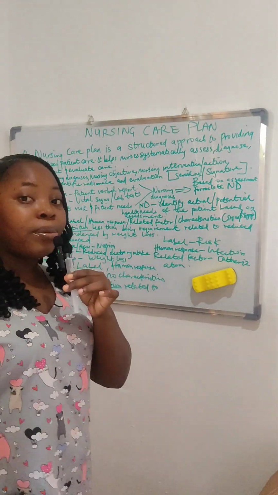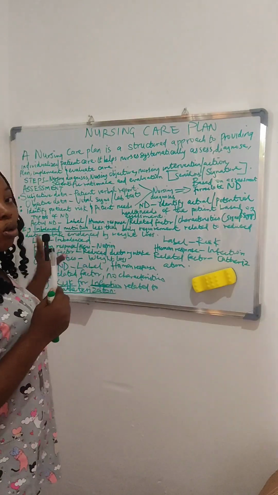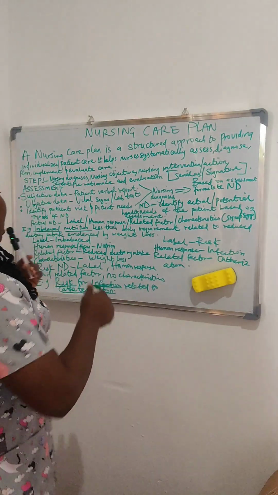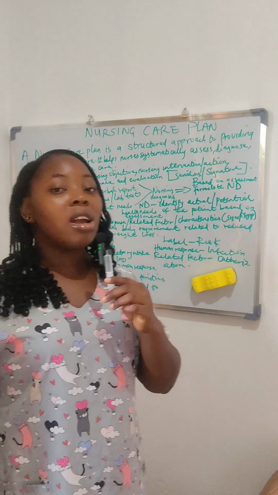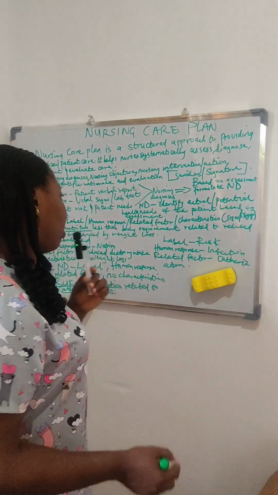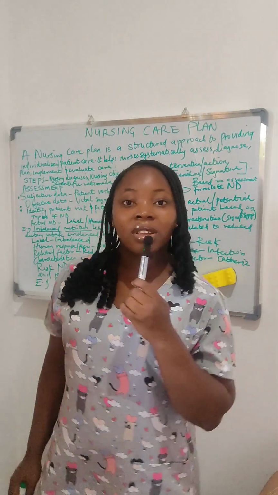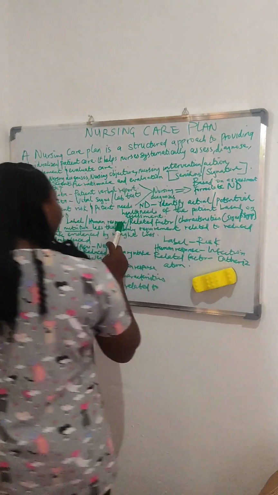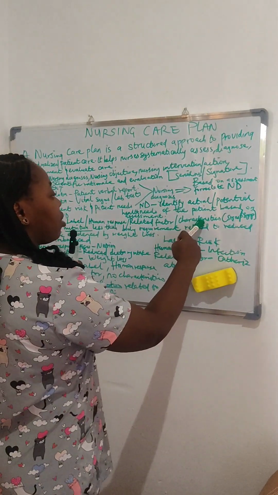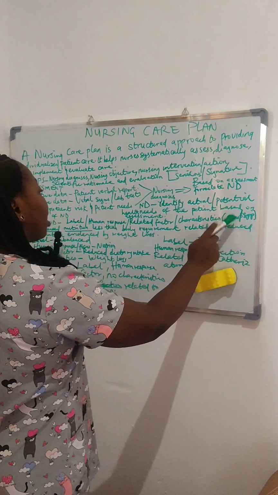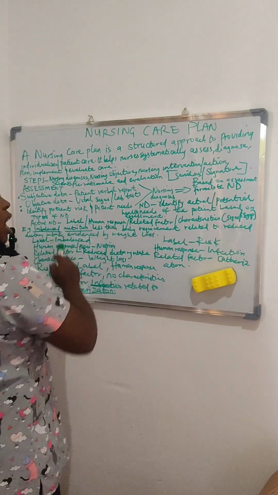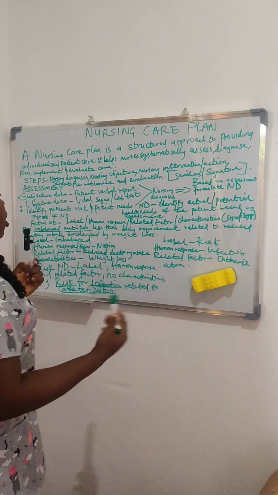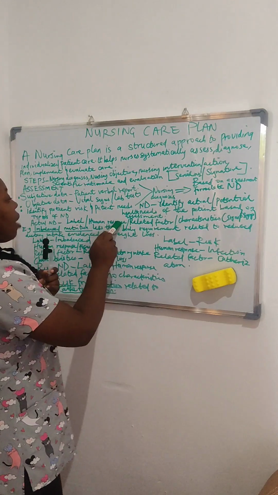We have other types of nursing diagnosis, but we are only going to touch on two: actual nursing diagnosis and risk nursing diagnosis. Actual nursing diagnosis consists of four components: label, human response, related factor, and characteristics, which are also known as signs and symptoms. The label is like an adjective that describes or qualifies the human response.